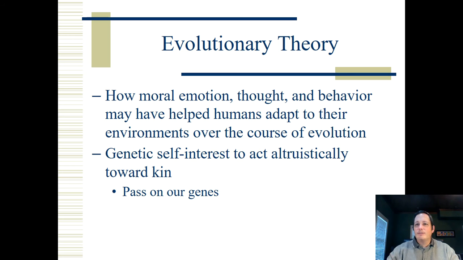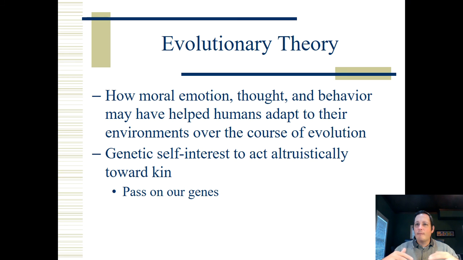Evolutionary theorists are also not all that optimistic in regards to the human condition, because they look at how moral emotion, thought, and behavior, how all of that has helped humans adapt to their environments over the course of evolution. In other words, a lot of our altruistic behavior is to protect our genetic outcome.